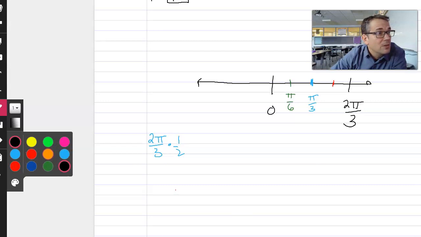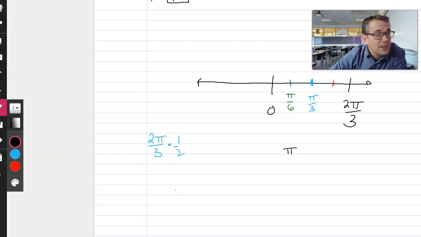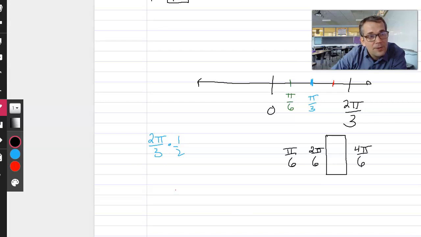So the pi over 6 will stay as pi over 6. The pi over 3, to make that denominator 6, I have to double the bottom and the top, so that would be 2 pi over 6. I don't know what this red one's going to be yet. We'll figure that out in a second. And to make this guy be over 6, again, top and bottom multiplied by 2 gives me 4 pi over 6.